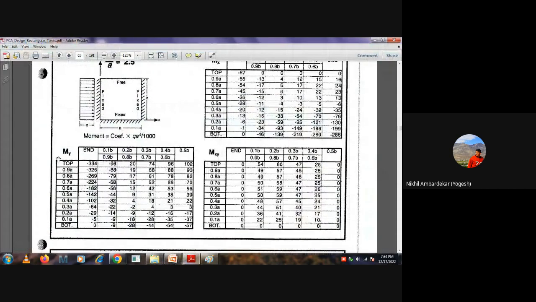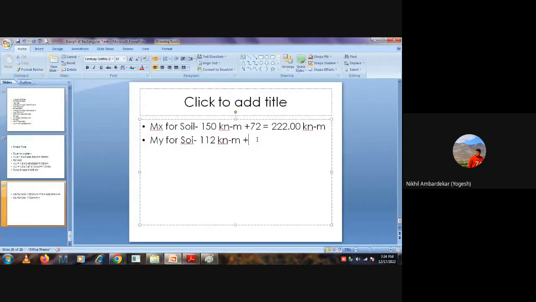Now calculate for MY also. 83.5. Correct. So now we have to add this 84. I just rounded off. 84 plus 112. So 193 kilonewton meter.